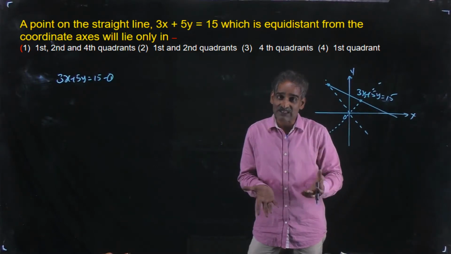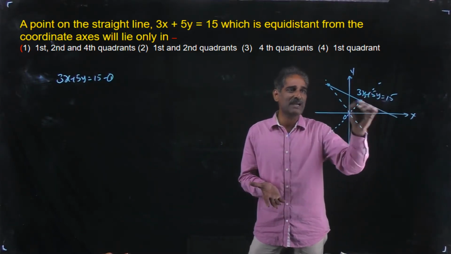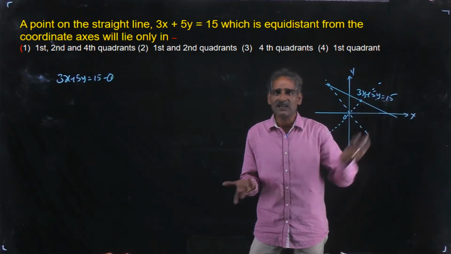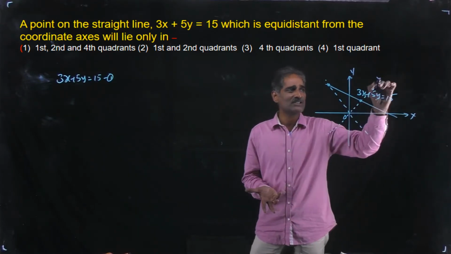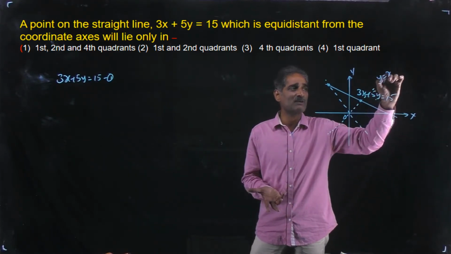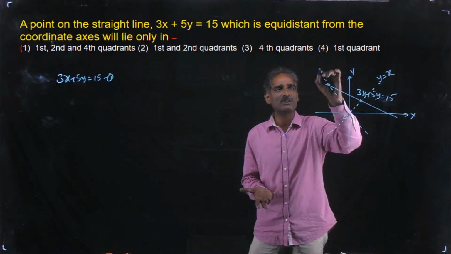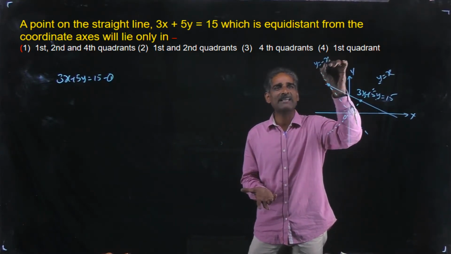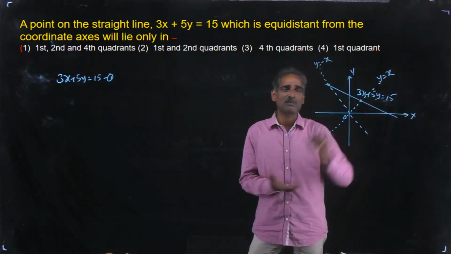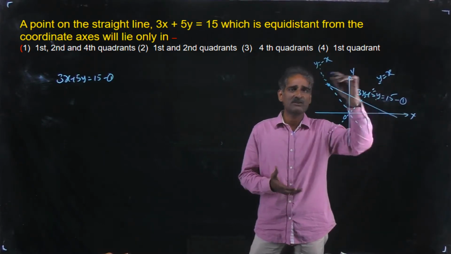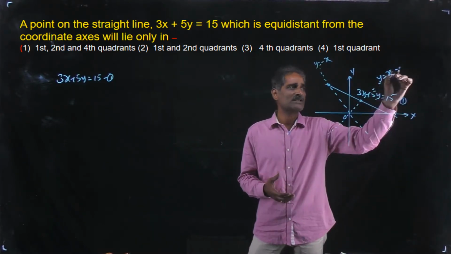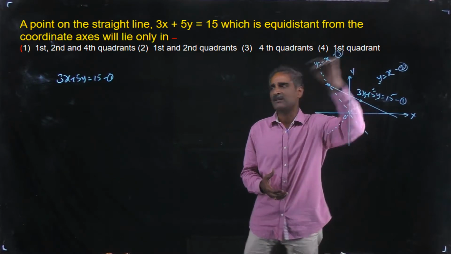That means the points of intersection of the angular bisectors and this line are the required points. We know that the equation of this line is y equal to x and the equation of this line is y equal to minus x. Find the point of intersection of 1 with these two.